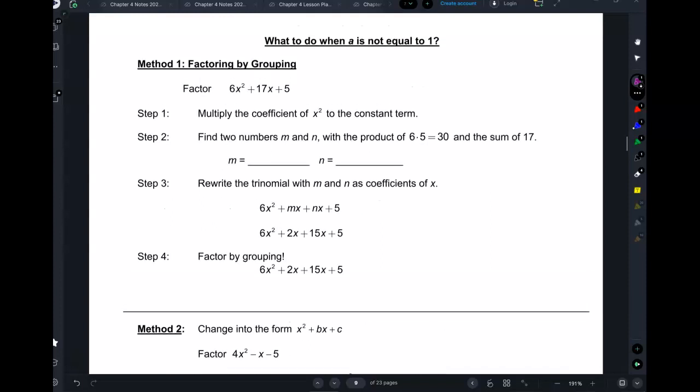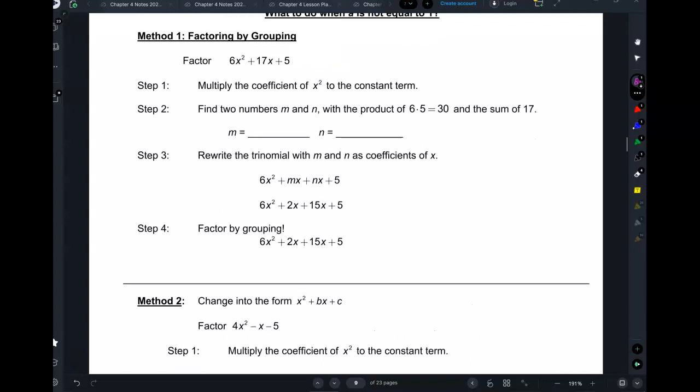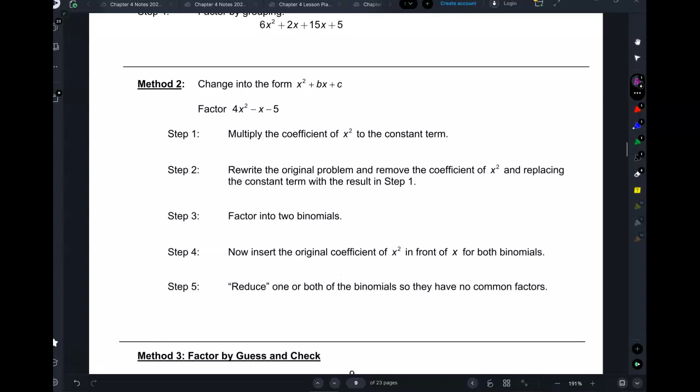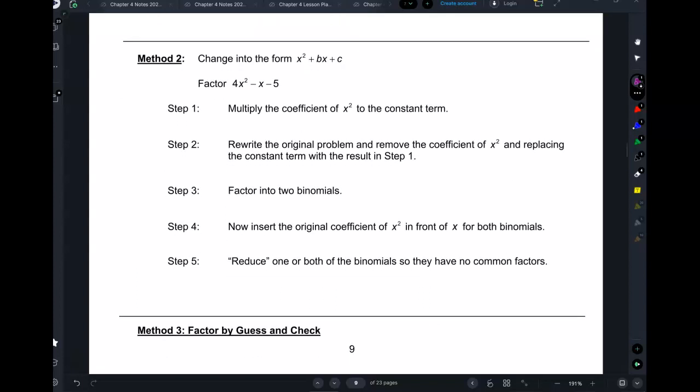Okay, so I'm actually going to show you this way first. I think it's easier to do it this way. Okay? So here's what you're going to do. Multiply the coefficient to the constant term. Okay? So what do we get? x squared minus x minus 20.